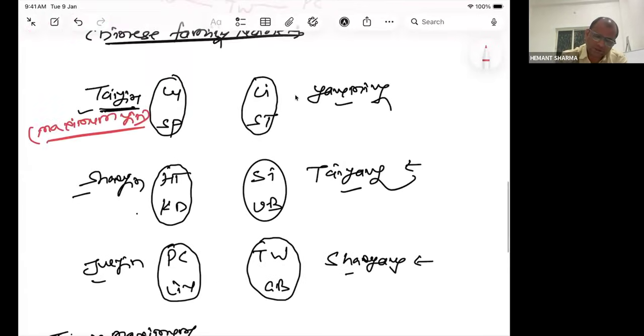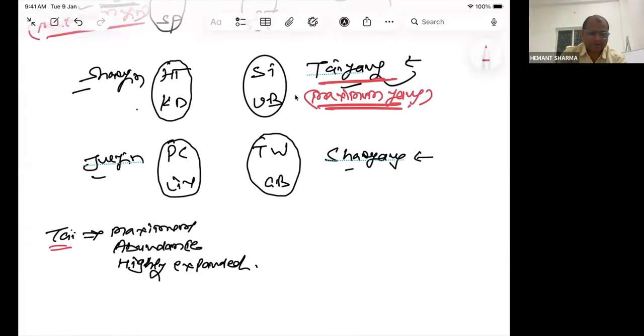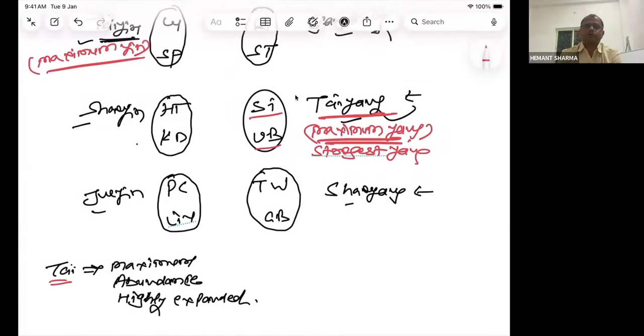On the other side, we can see Tai Yang. Again, maximum yang. Tai means maximum, abundance, highly expanded, or we can say strongest yang. It means the SI and UB channels are the channels having the strongest yang.